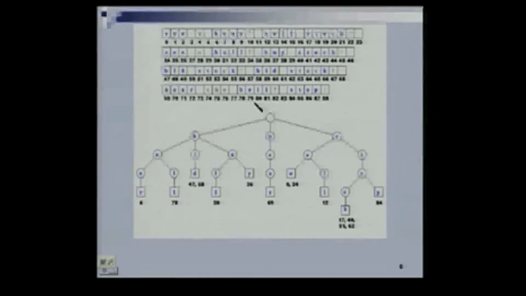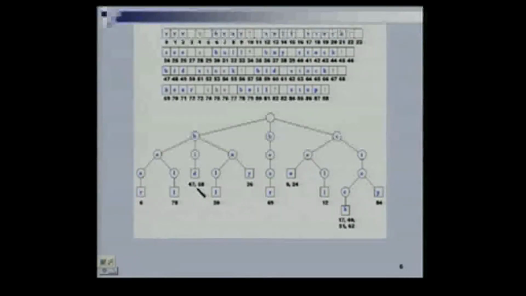I throw them into a trie. This is the trie I get. As you can see, this leaf corresponds to B-E-A-R, bear, and bear occurs at position 6 in the text. So with this leaf I store 6. Let's look at bid. Bid occurs at two places, starting at 47 and starting at 58. So I'll store both 47 and 58 here.